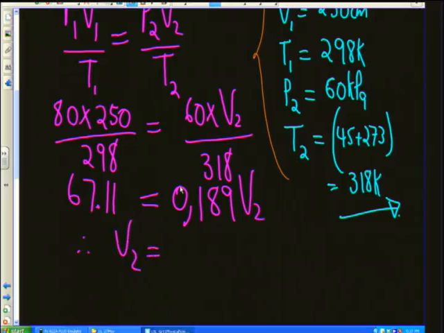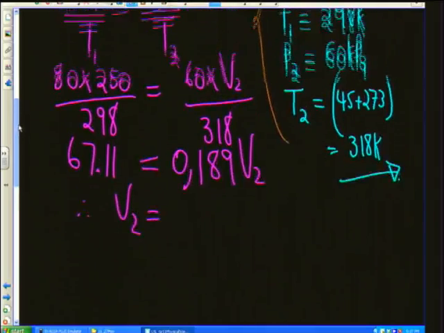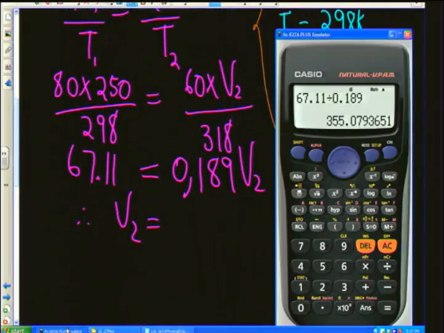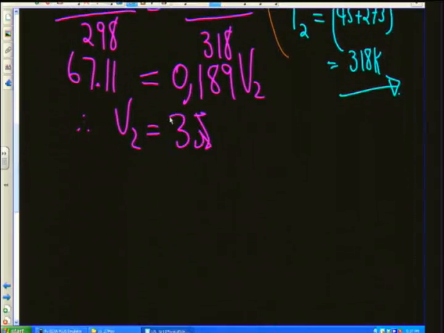Therefore V2 equals 67,11 divided by 0,189. Then it gives us 355,08.